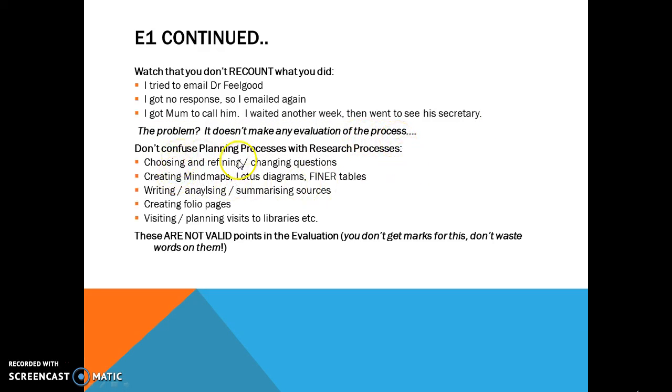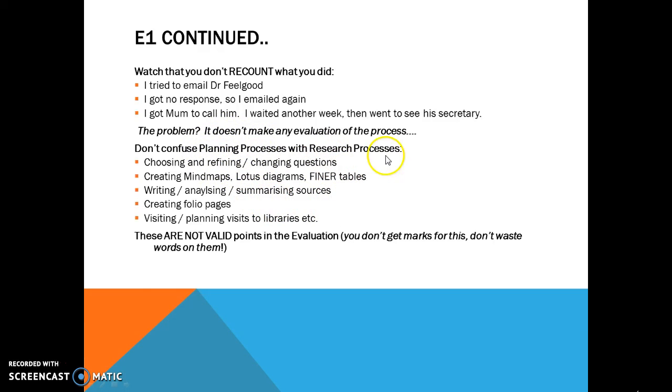So don't confuse planning processes with research processes either. Choosing and refining or changing questions is about your planning of your outcome. Creating mind maps, Lotus diagrams, and tables, again, is about the planning of your research. Writing, analysing and summarising sources is about the planning of your folio, the creation of your folio.